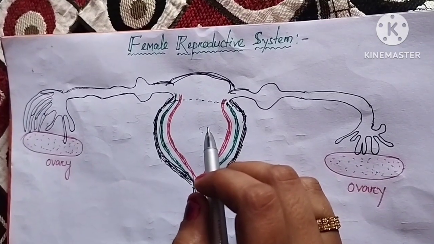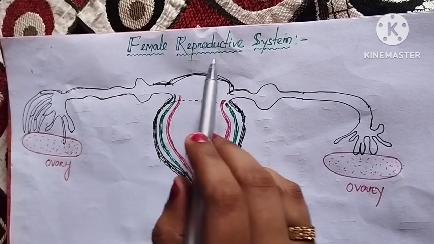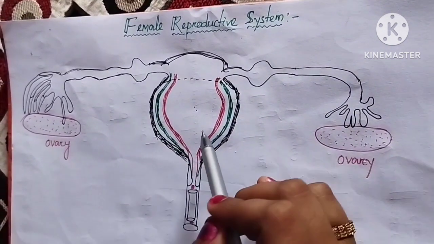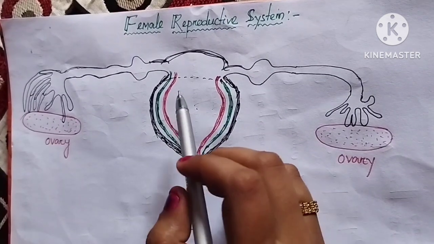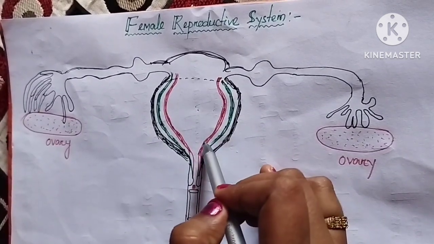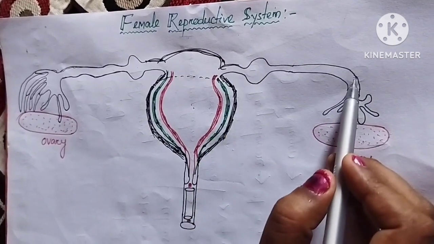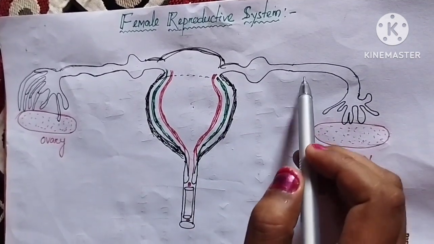Now I will discuss the structure of the female reproductive system. This part is called the fallopian tube, otherwise called the oviduct.